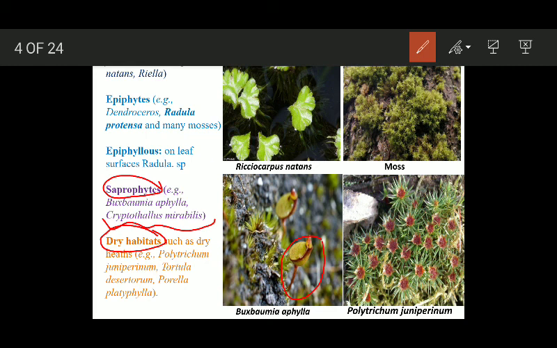What are dry heaths? Dry heaths means the sandy soils which are dry and having scrub type of vegetation. Bryophytes which grow on dry heaths include Polytrichum juniperinum, Tortula desertorum, and Porella platyphylla.